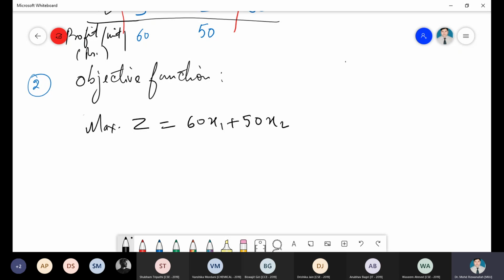That point is called the break-even point. Graphically, suppose you are producing x1 and x2 somewhere, and at this point is the break-even point, where the profit will be maximum. After that you will be in loss, because the cost per unit will be more than the per-unit profit.